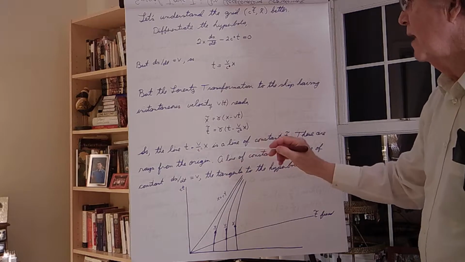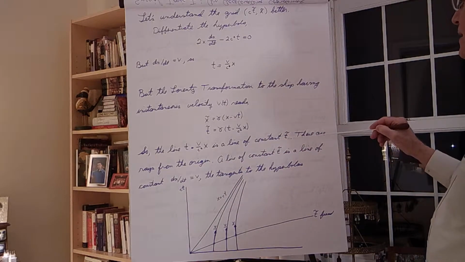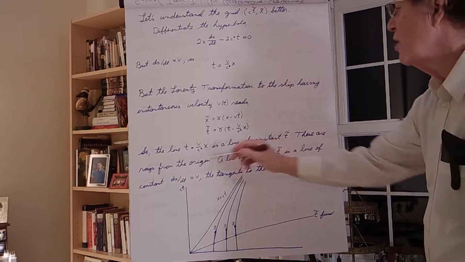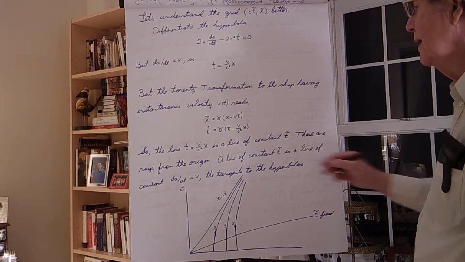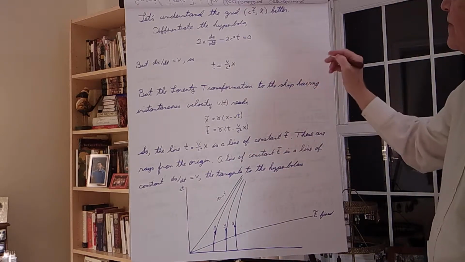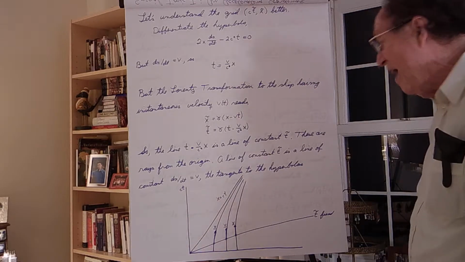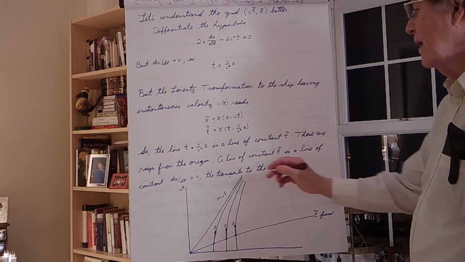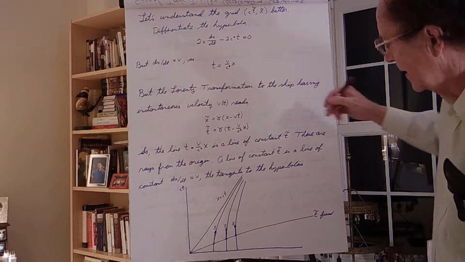So the line t equals v over c squared x is a line of constant tau prime. These are rays from the origin, and a line of constant t tilde is a line of constant velocity. That's what the definition is, constant velocity. Same velocity for every hyperbola. And so the tangents to the hyperbola look like this.